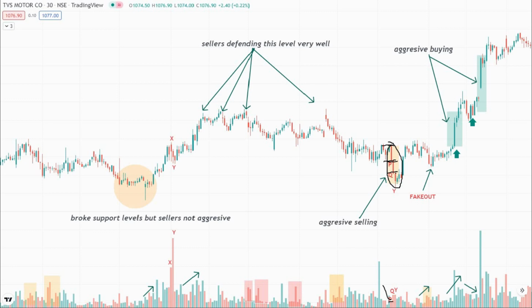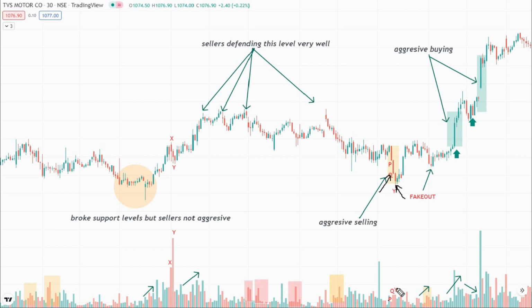P and Q volumes have increased from 1x to 2x. Okay, but what is happening? The spread is almost the same as P. So this is hidden buying that is happening at Q, and then at Y volumes are the same as Q, but see the spread, there is hidden buying pressure in Y and Q. Okay, so this is very important.